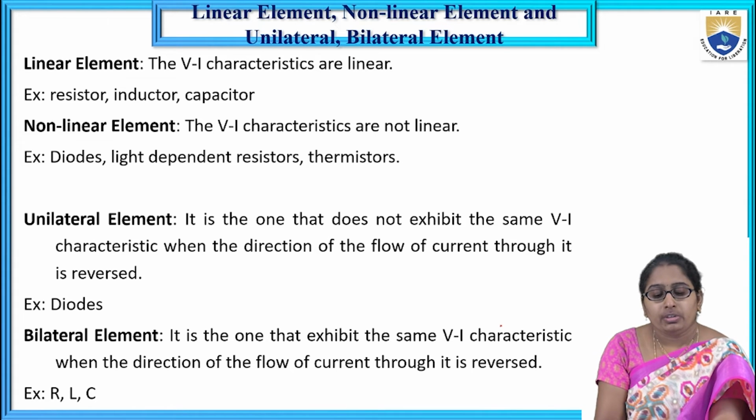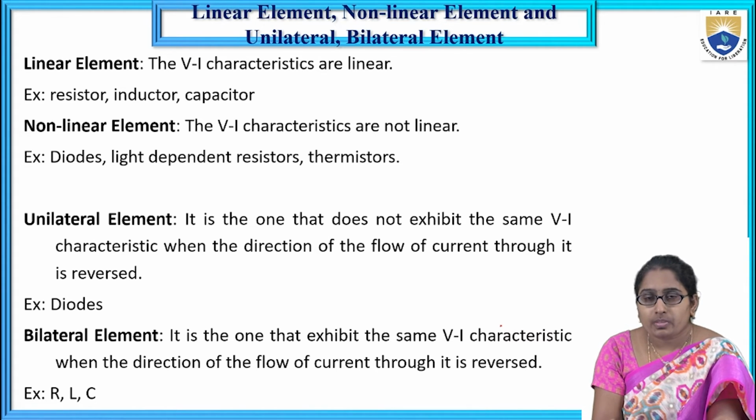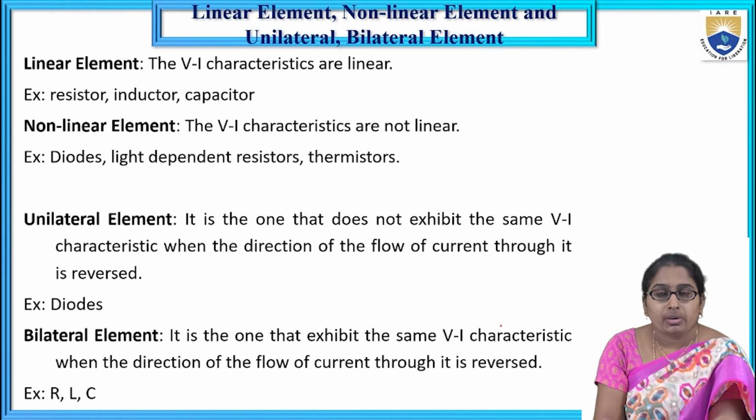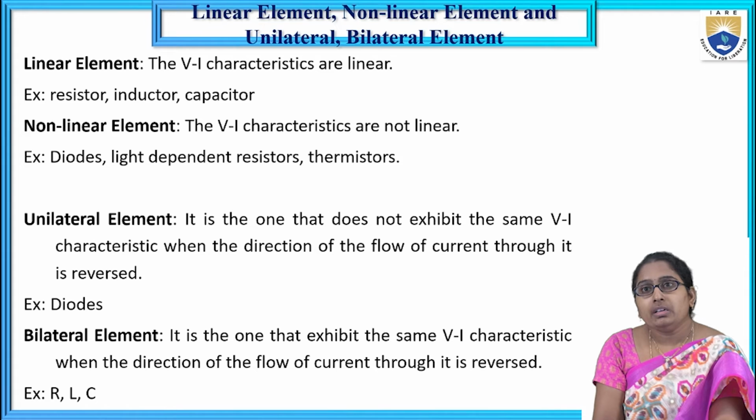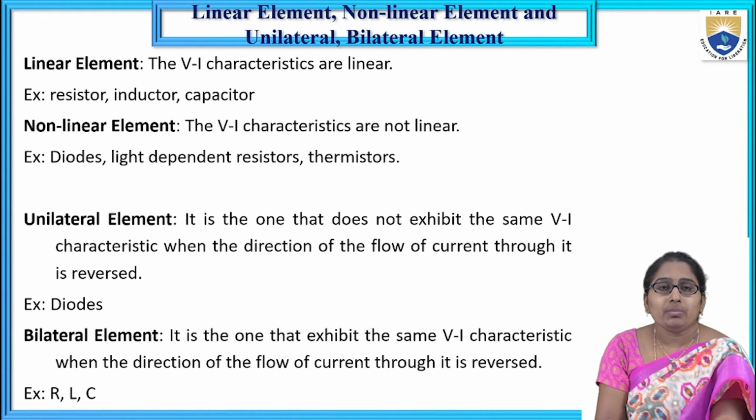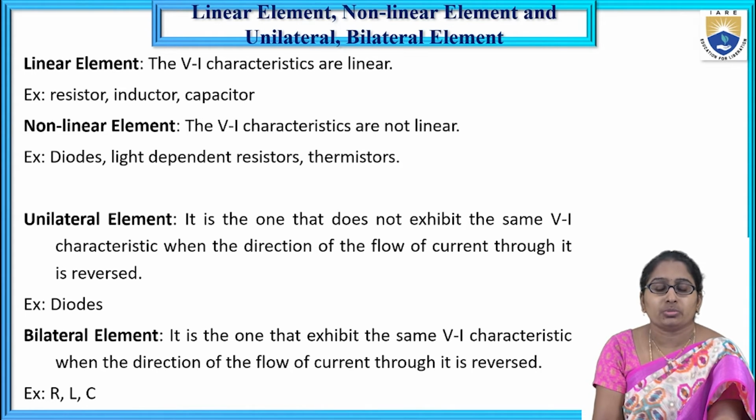Now, unilateral element. As the name itself says, it is an element that doesn't exhibit the same VI characteristics, the same voltage-current characteristics, when the direction of flow of current through it is reversed. That means it is a unidirectional element.